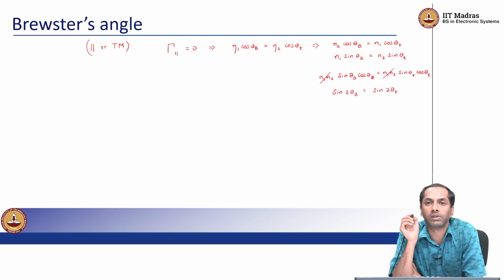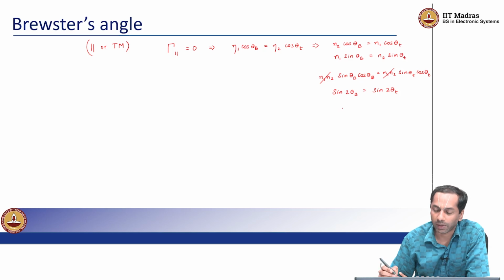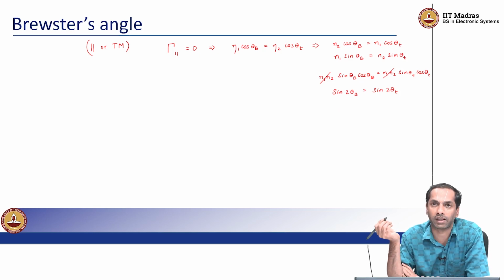Obviously the trivial solution is that theta b is equal to theta t, which means that there is no refraction happening and the two media are the same. We'll neglect that, because when you have two media with the same permittivity, there's no boundary anymore.